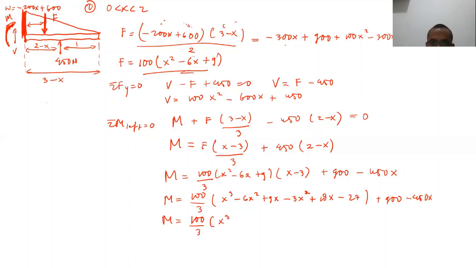X to the power of 3 minus 9x squared plus 27x minus 27 plus 900 minus 450x.